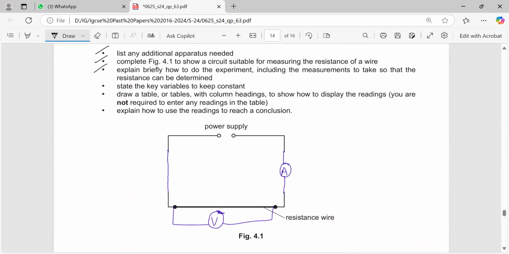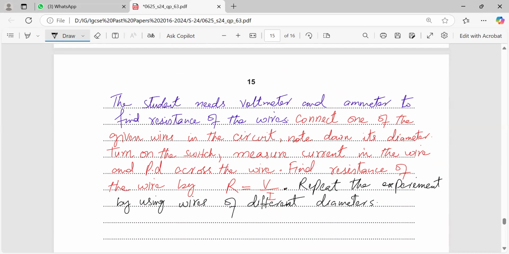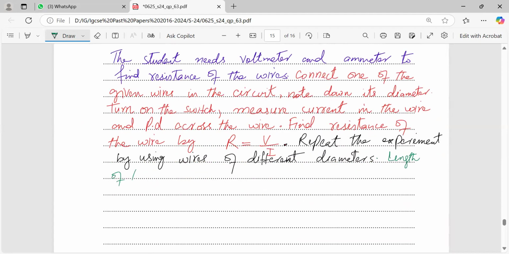Now state the key variables to keep constant. So key variables to keep constant are the length of the wires and the type of metal.